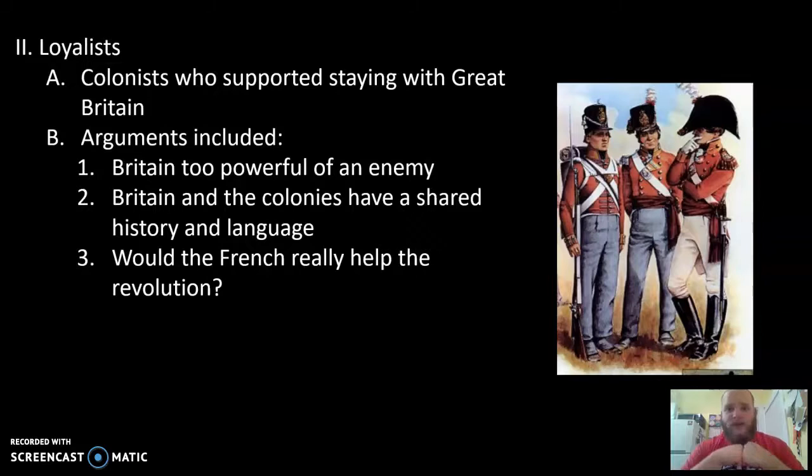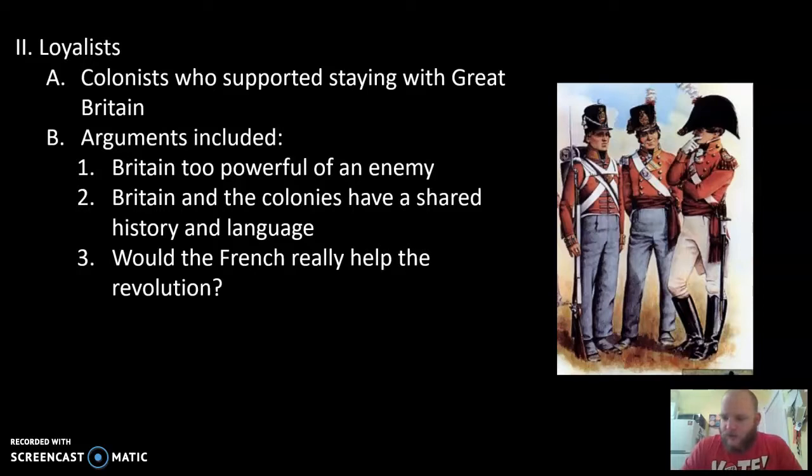So to go up against that as these little small colonies that don't have armies, that's a bold choice. Also, hey, England and the colonies have a shared history and language. So why would we break that up just because there's a shared history there? We're like brothers. No, let's stay the course.